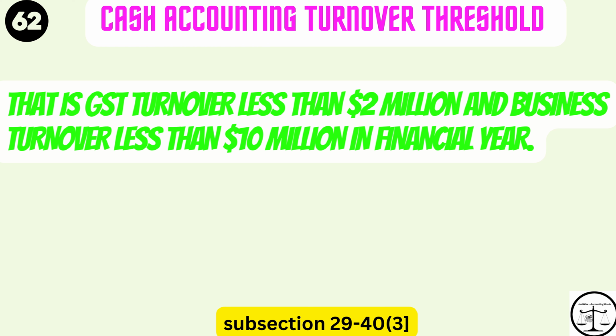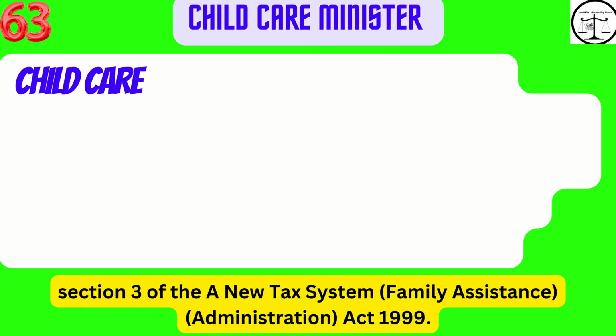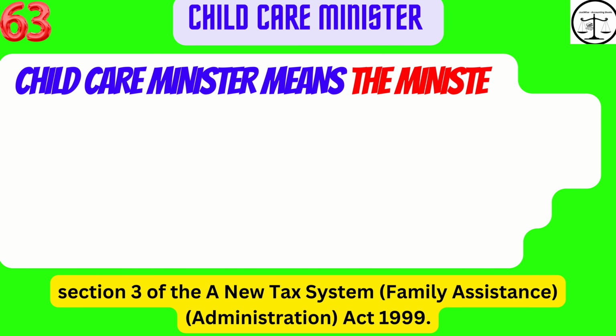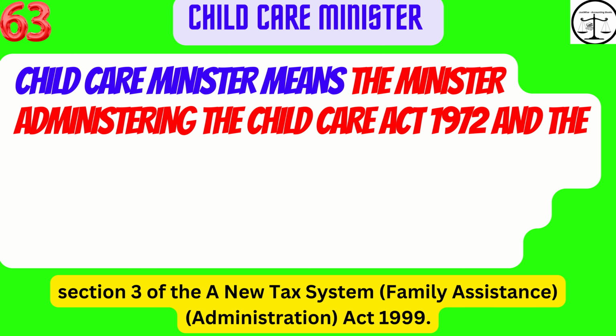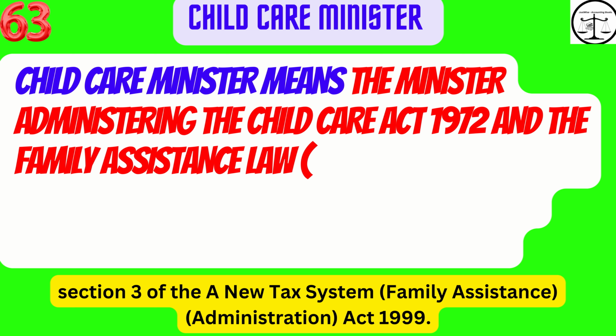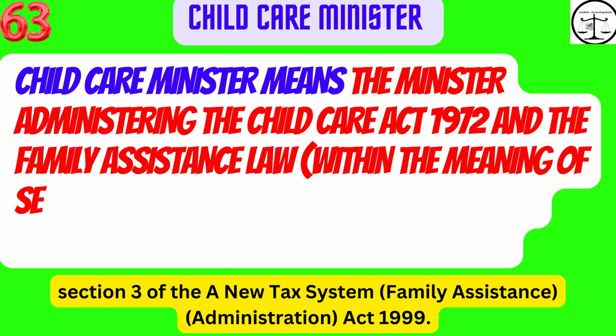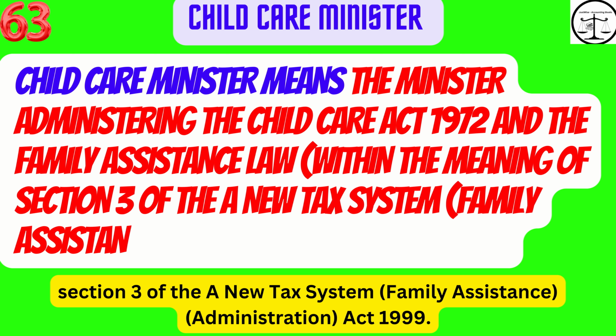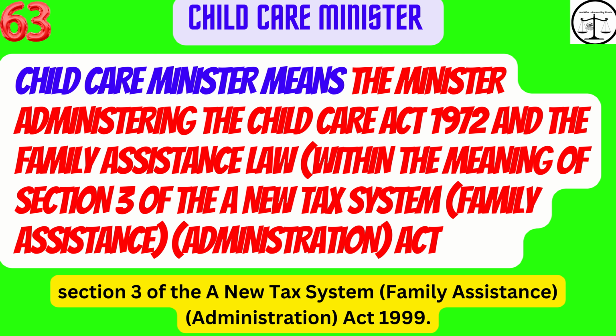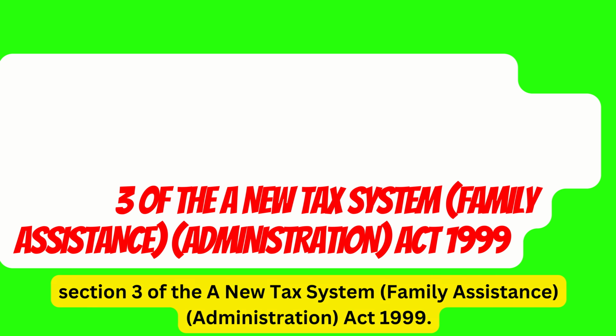That is GST turnover less than $2 million and business turnover less than $10 million in a financial year. Word number 63. Child Care Minister means the minister administering the Child Care Act 1972 and the Family Assistance Law, within the meaning of Section 3 of the A New Tax System (Family Assistance) (Administration) Act 1999.